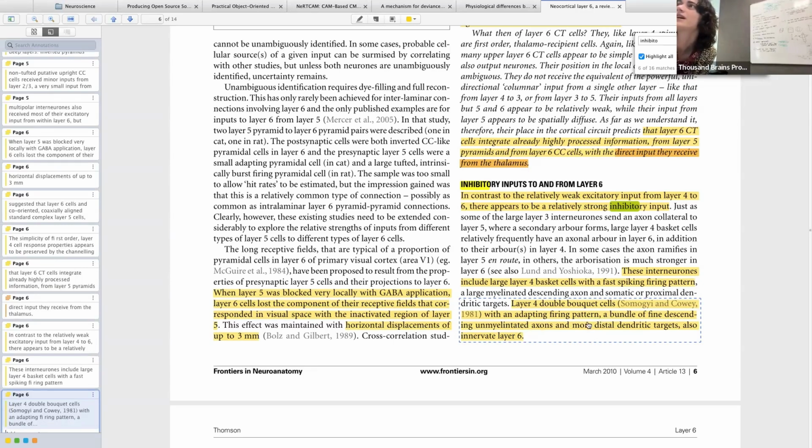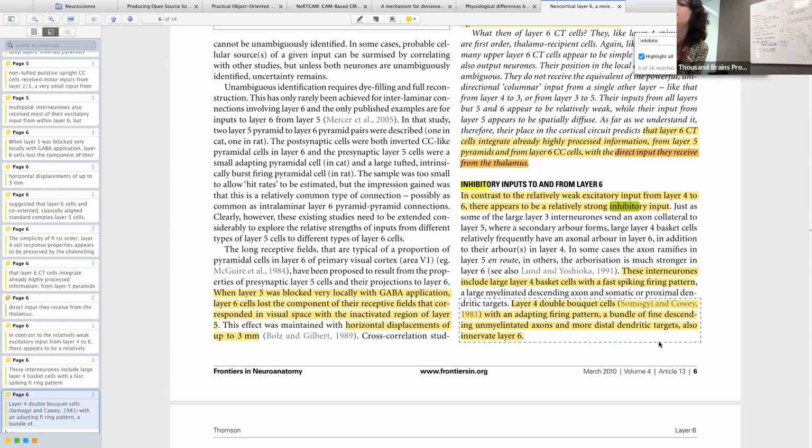I'm not parsing that sentence. The way I read it, layer 4 double bouquet cells go towards the distal dendrites in layer 6. What's the verb? I think it's "also innervate." So the layer 4 cells with an adapting firing pattern, a bundle of fine descending axons, and more distal dendrites also innervate layer 6. It's just describing them. Yes, that is a weird sentence.